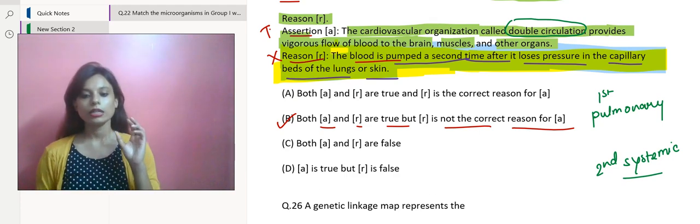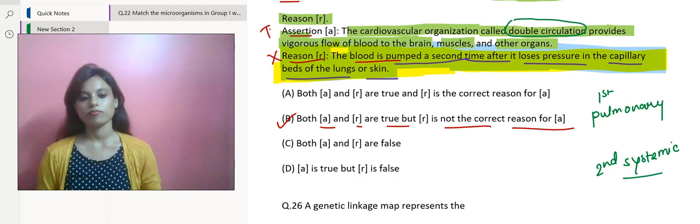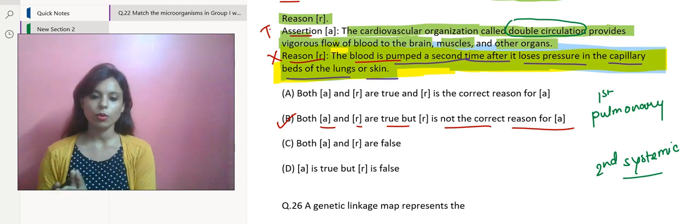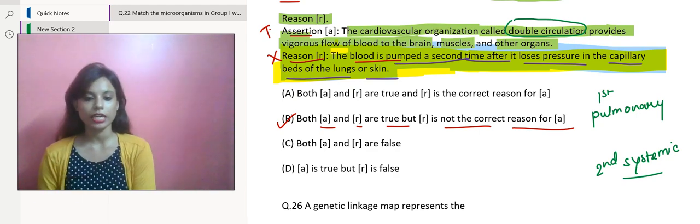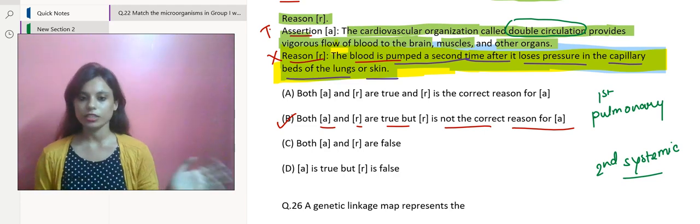Okay, so it is only because the heart is allowing. Therefore we can say that the assertion is true, that is, it is true because the double circulation does provide a vigorous flow of blood to the brain, muscles, and other organs, but the reason is not the correct explanation for this phenomenon.